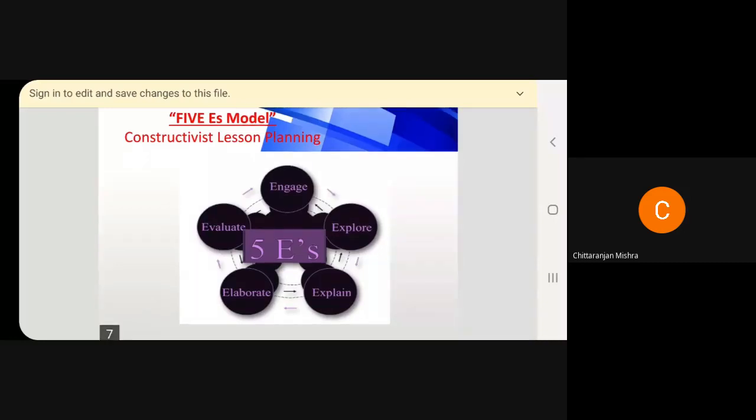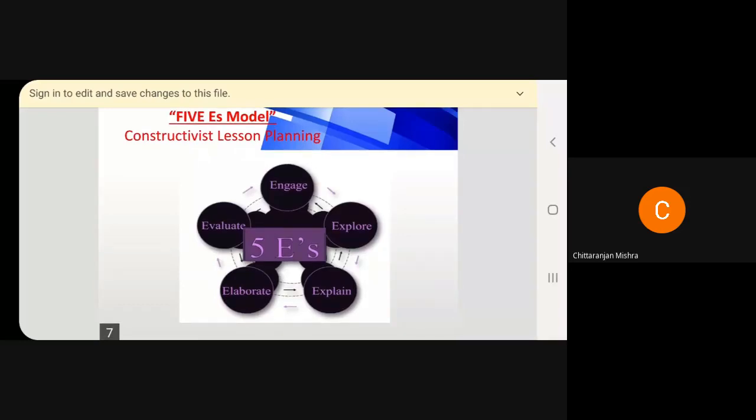It is called the 5E model because there are 5 steps in the lesson plan, and all the steps start with E. The 5 steps are: first engage, then explore, then explain, then elaborate, and then evaluate, and again after evaluation, engage, explore, explain, elaborate. So all these 5 steps are interlinked to each other, and in a constructivist lesson plan, in a 5E lesson plan, we are following all these 5 steps.